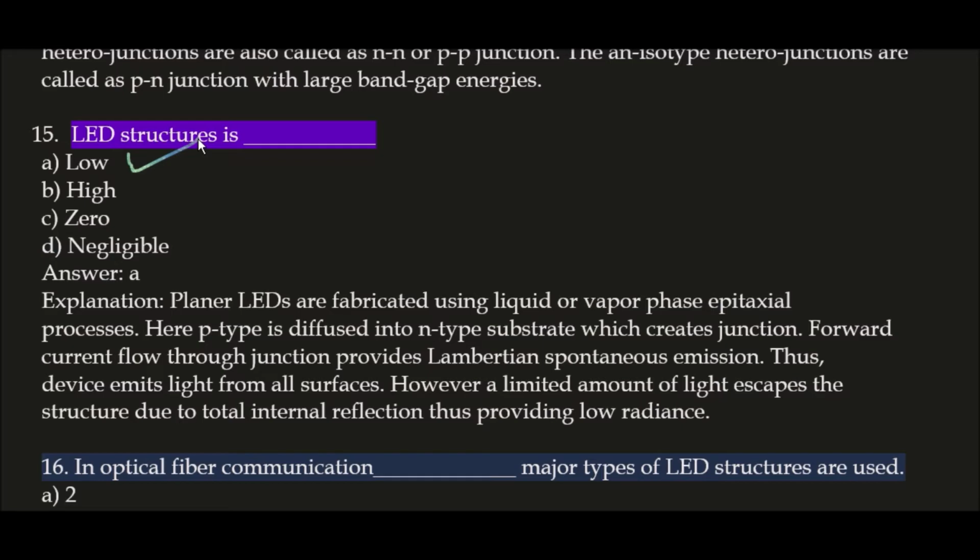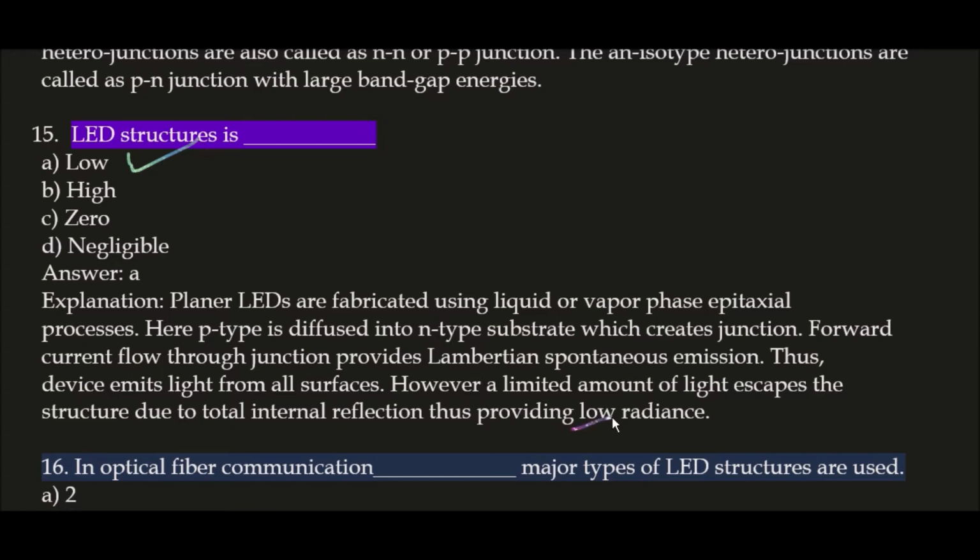Forward current flow through the junction provides Lambertian spontaneous emission. Thus, the device emits light from all surfaces. However, a limited amount of light escapes the structure due to total internal reflection, thus providing low radiance. In this way, LED structure is low.